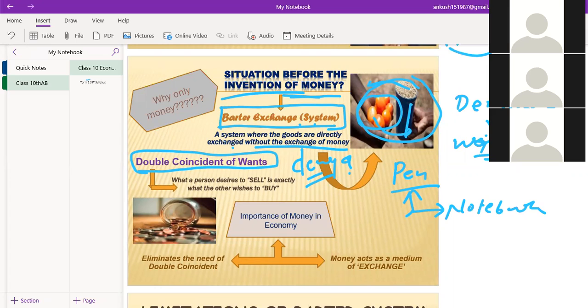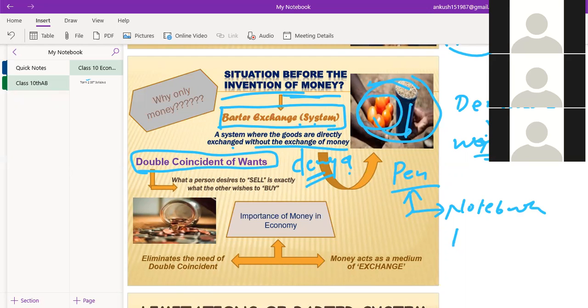Suppose that person manufactured the biscuits from wheat, so I would have to give him wheat. Definitely, the manufacturer of biscuits would like to purchase the wheat, because biscuits are manufactured through wheat flour, right? Are you getting it? Yes, sir. So there would be the double coincidence of wants.